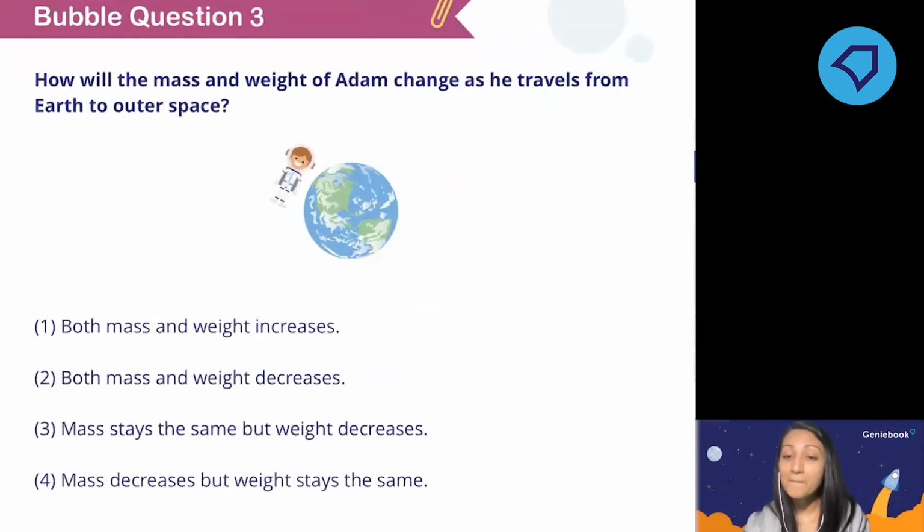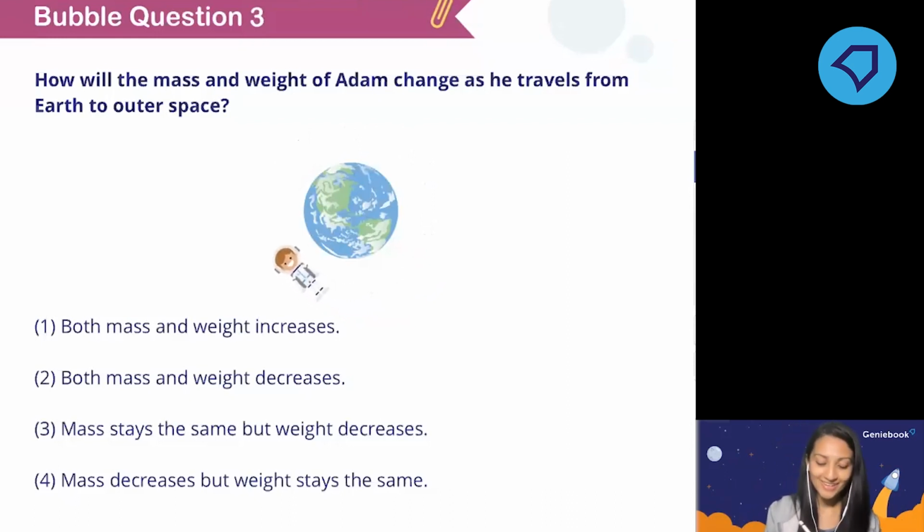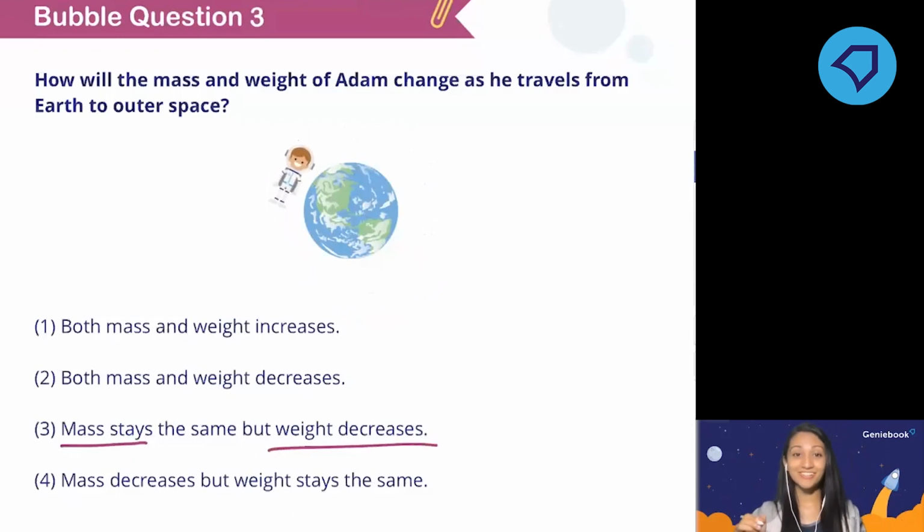All right, who has any questions before I launch the bubble? Let me look at the results first. Wow, good job. I see more students getting this answer correct than the previous question. A lot of you are able to tell me that the mass stays the same, but the weight decreases.